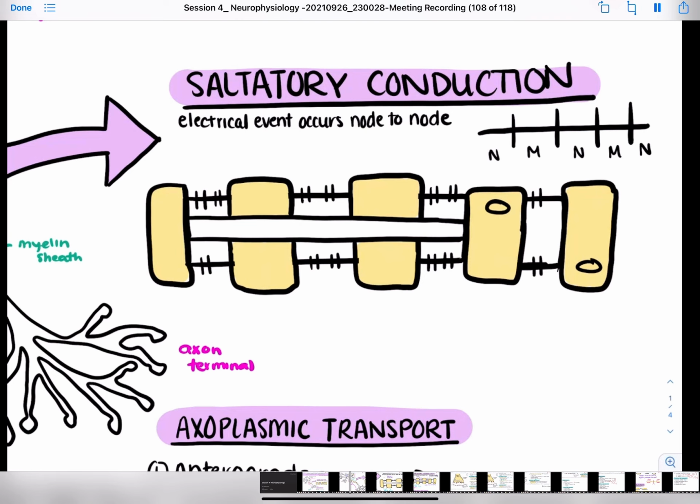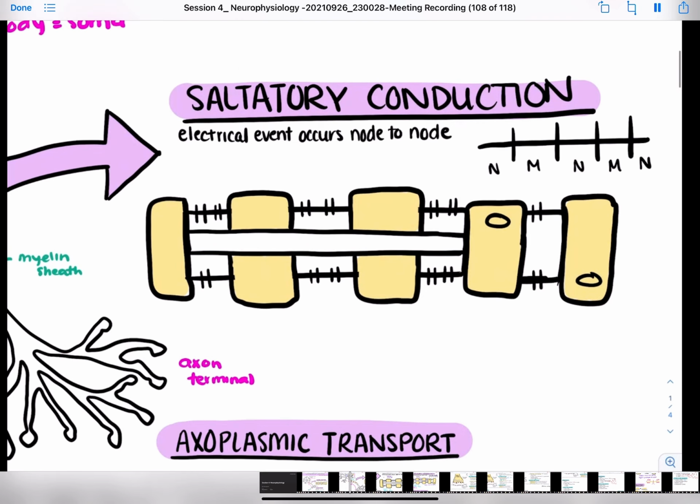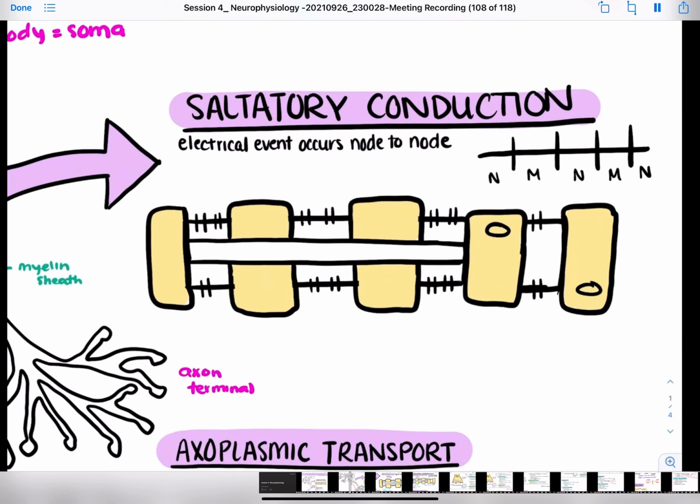Saltatory conduction is the electrical event that occurs from node to node. What we call the node is the area between, so right here, this is a node. It's called the node of Ranvier. I don't know who Ranvier is, but he is the one who discovered the node.